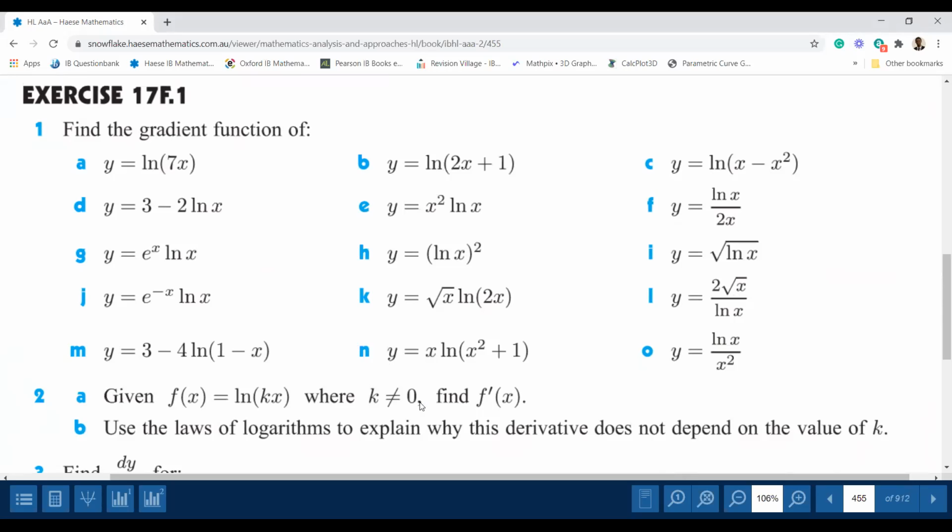A, B, C. Then E, F, G, H. I want us to do as many as possible, okay? Then let's take the last 3 also, M and O. So I'll send that.